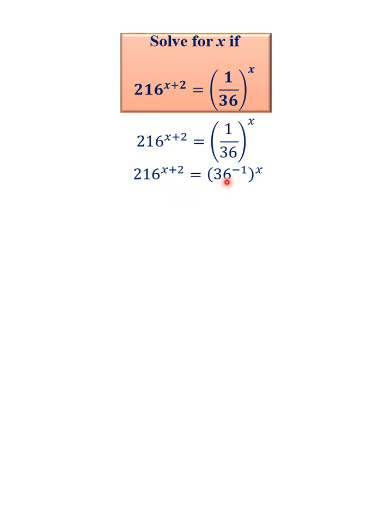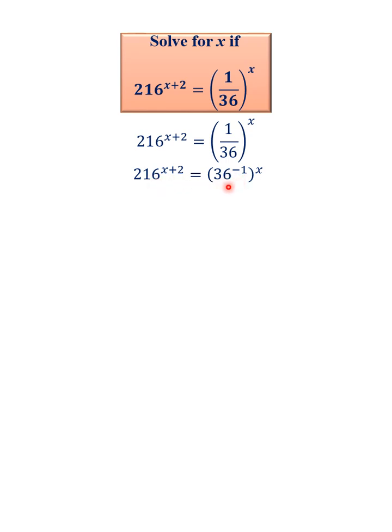If 36 cannot be a base of the number 216, then let's try another number that will be a base of 216 as well as 36. And that number is 6, because we know that 6 raised to the power 2 will give us 36. On the left hand side, 6 raised to the power 3 will give us 216. So we can successfully break both sides to the same base of 6.